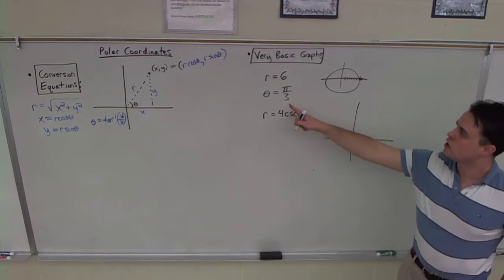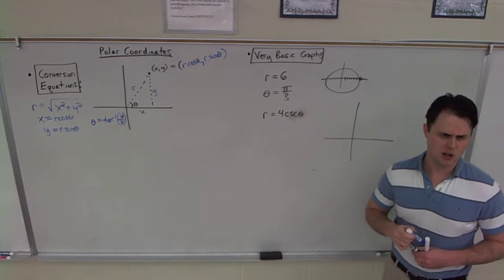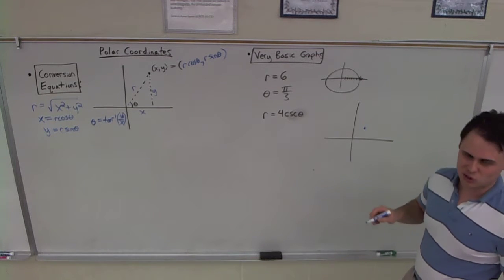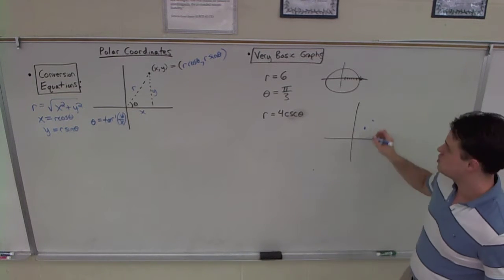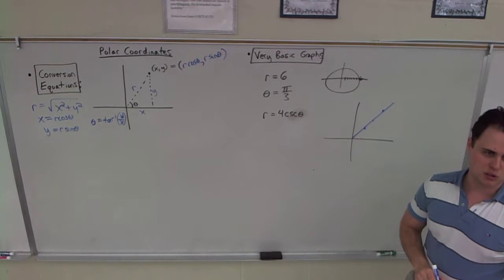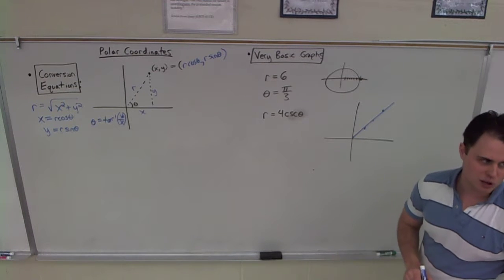If the angle is the only thing that's specified and it says the angle is 60 degrees like this one, what would that mean? Well, that means that's about at 60 degrees, that's about at 60 degrees, that's about at 60 degrees. That means this is your equation. So how do you figure out what it is? It's a line through the origin.